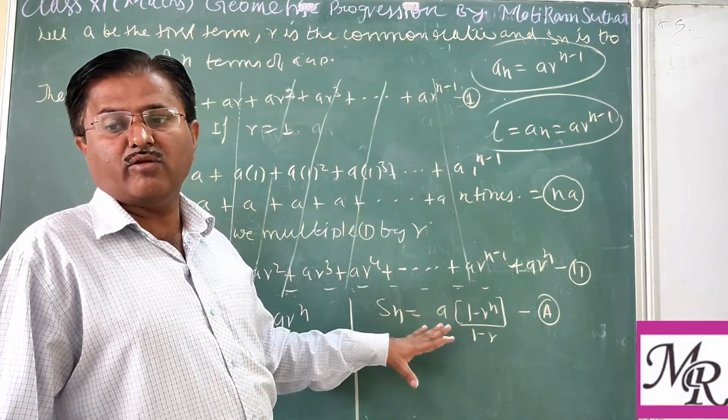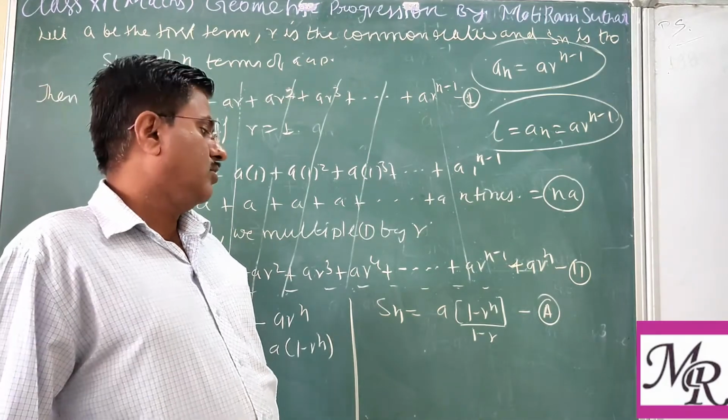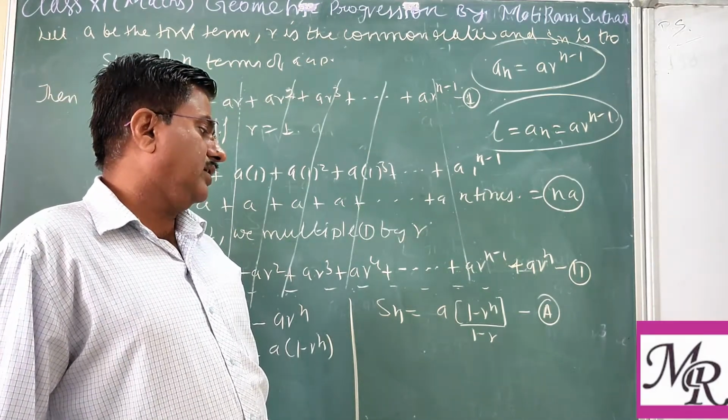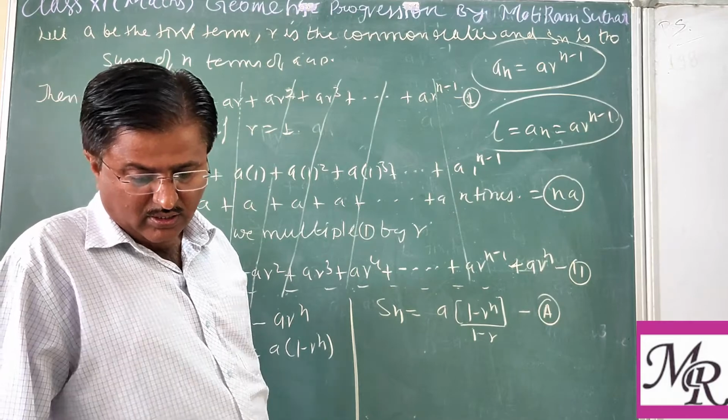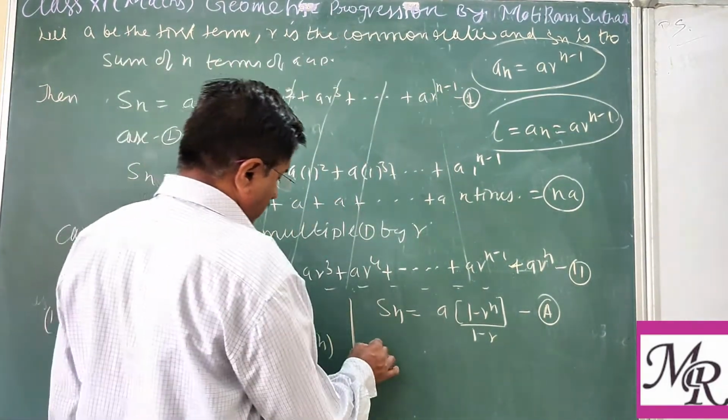So this is the formula of the sum of n terms of a geometrical progression if R is not equal to 1. Clear? Now one can also change this formula.